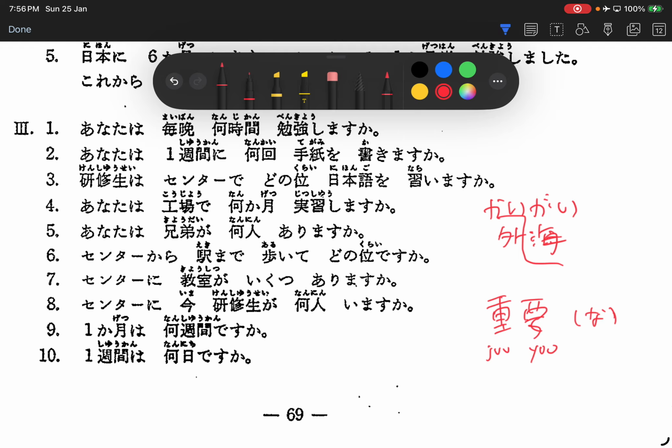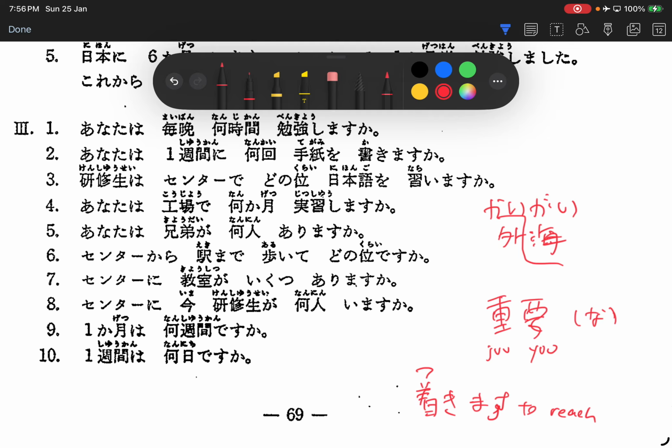You want to say can reach in 1 hour? Yeah. So to reach, right, we use this word called 着きます。 着きます means reach, to reach. 着きます also has multiple meanings. Okay, so let me rephrase your answer. So 歩いて30分, right?